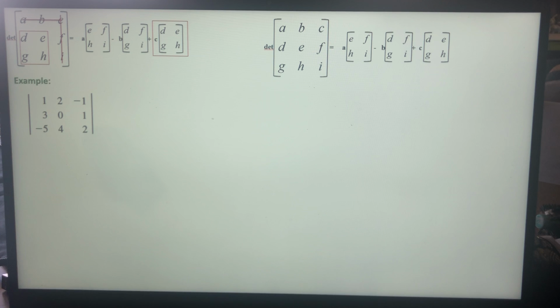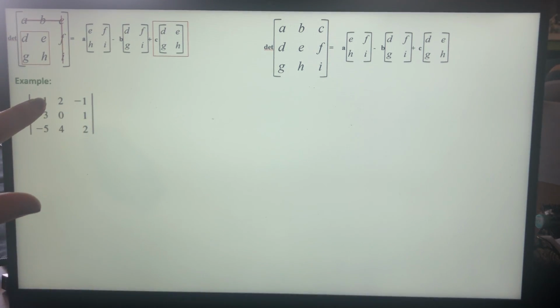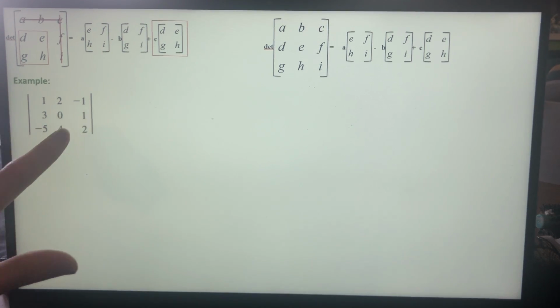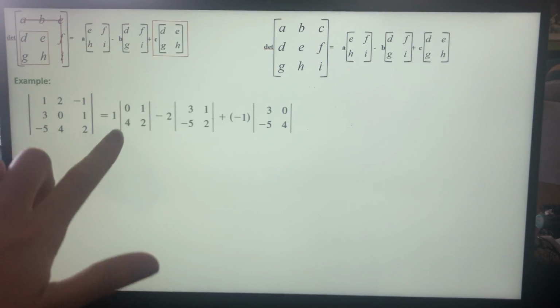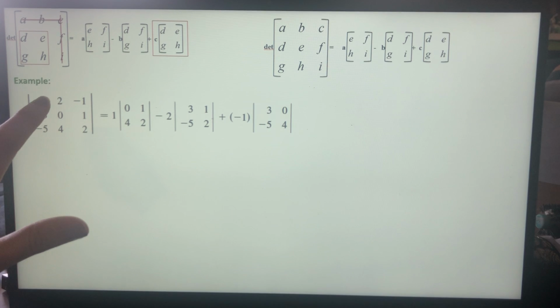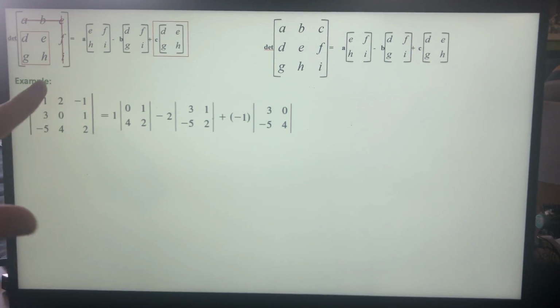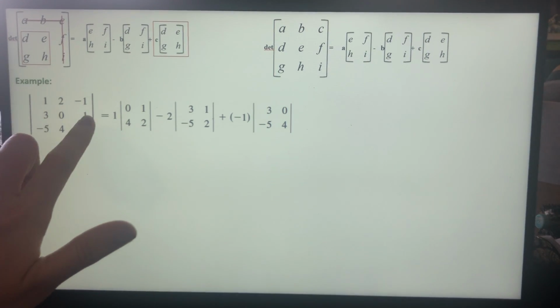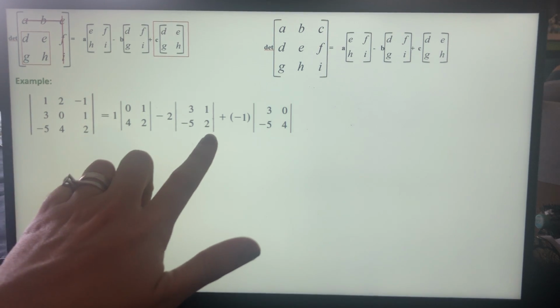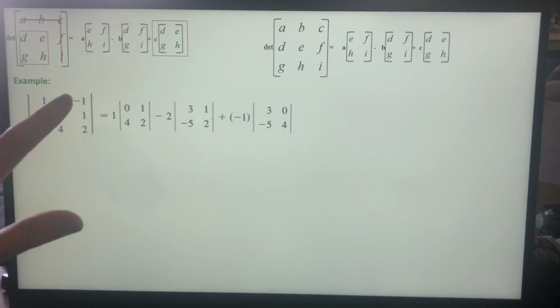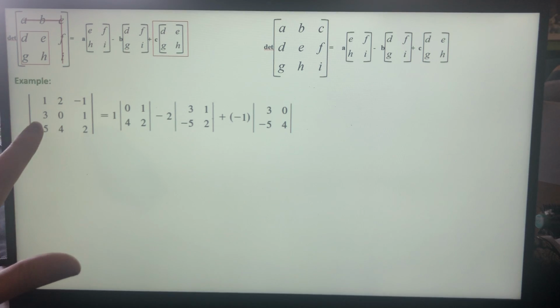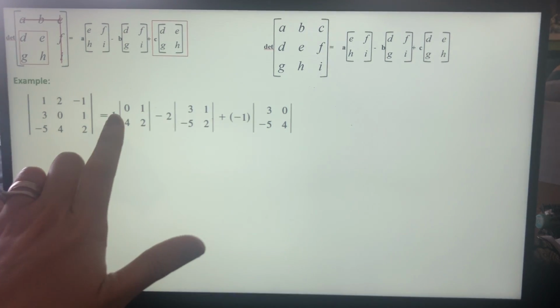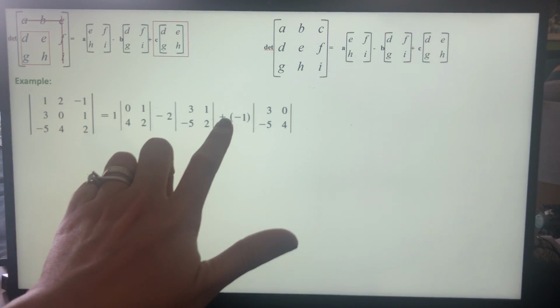For example, we start with 1 times, closing the row and column, the remaining 0, 1, 4, 2. And 2 times, closing the row and column, the remaining 3, 1, minus 5, 2. And minus 1 times, closing that, 3, 0, minus 5, 4. The signs are plus, minus, plus.